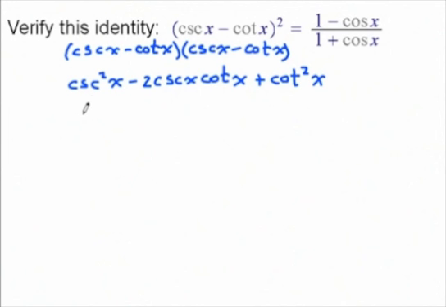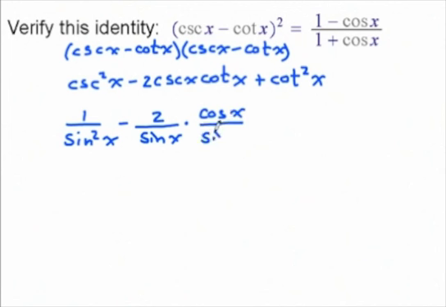So this would be 1 over sine squared minus 2 over sine of x times cosine over sine of x plus cosine squared over sine squared.